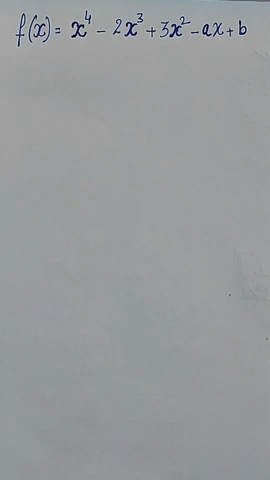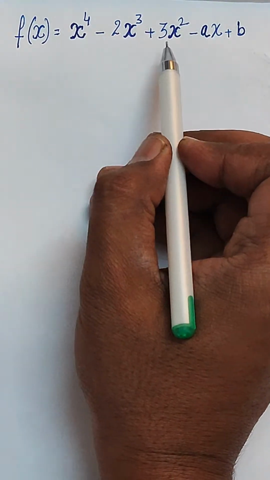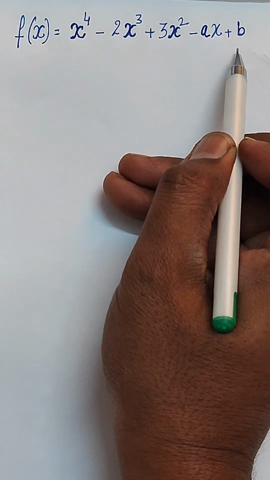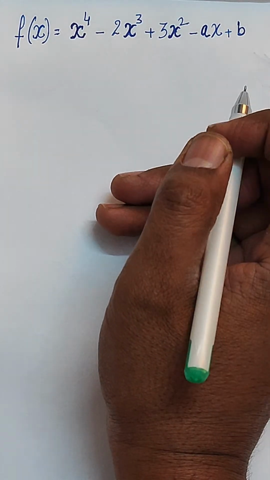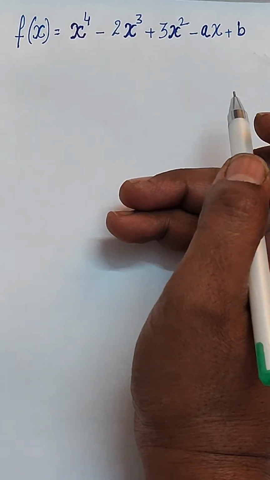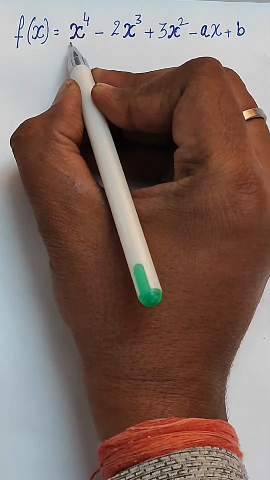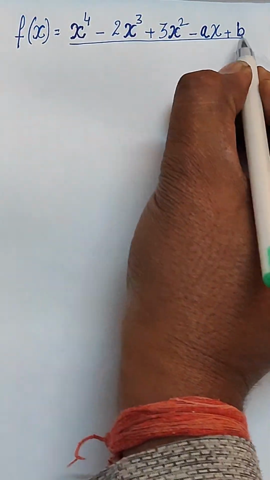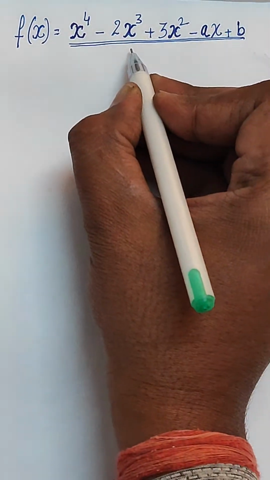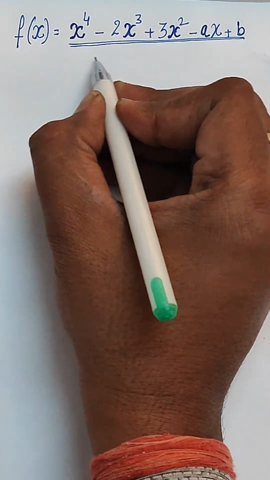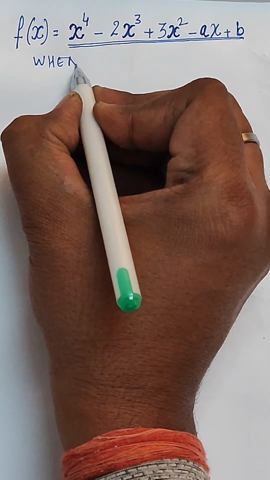Now the question is that if the function x4 minus 2x cube plus 3x square minus ax plus b leaves remainder 5 and 19 on division by x minus 1 and x plus 1, that means when this f of x is divided, there are two conditions.